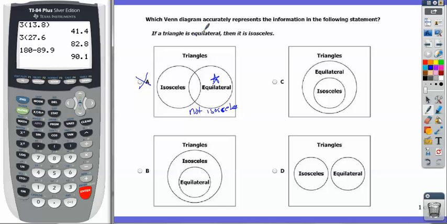Now if I look at this one, if I'm an equilateral triangle, I have to be isosceles. Am I here? No, not isosceles. Let's look at the next one. No matter where I put my star, am I isosceles? If I am equilateral, I'm definitely isosceles.